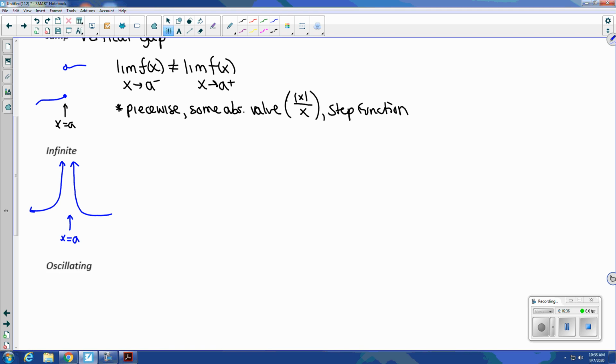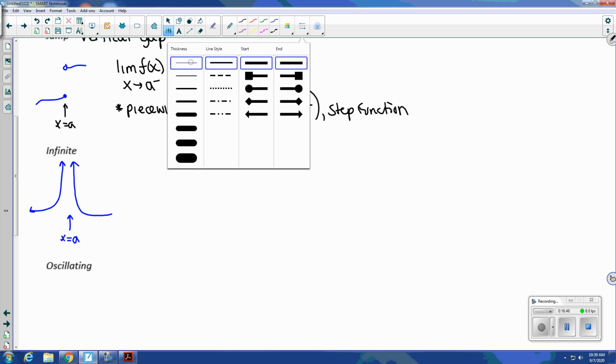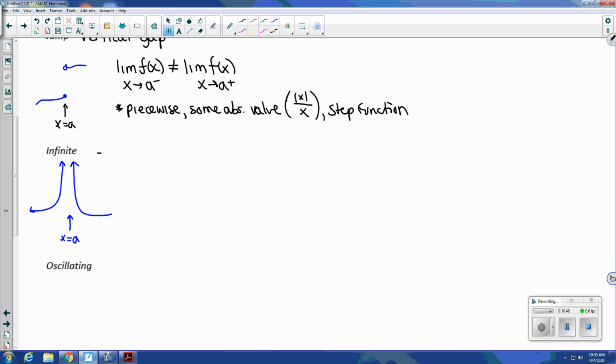But as you can see, it's not continuous at A because these two pieces of the graph won't touch each other. So from a limit definition, the limit of f of x as x approaches A from the right is going to equal plus or minus infinity. Or we could have the limit as x approaches A from the left of our function equals plus or minus infinity.